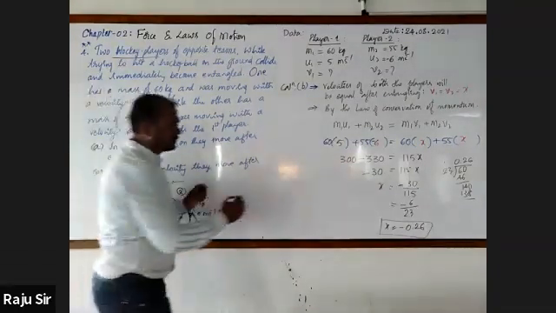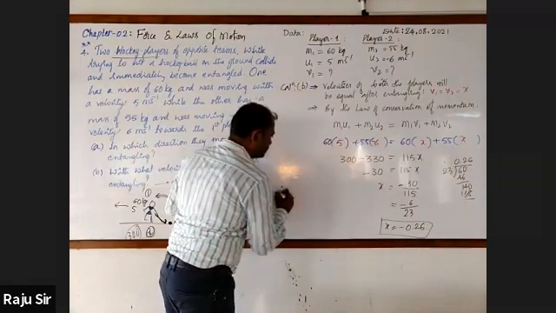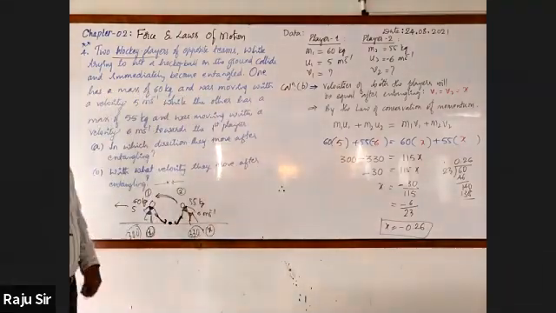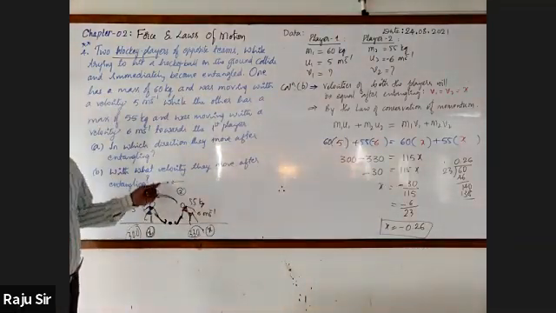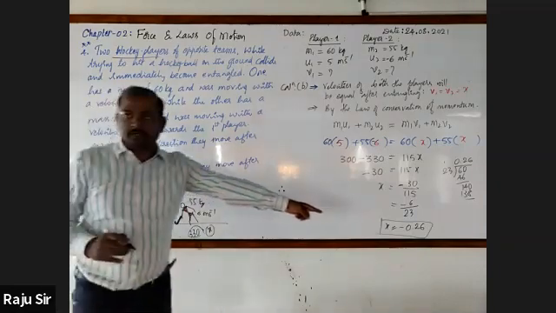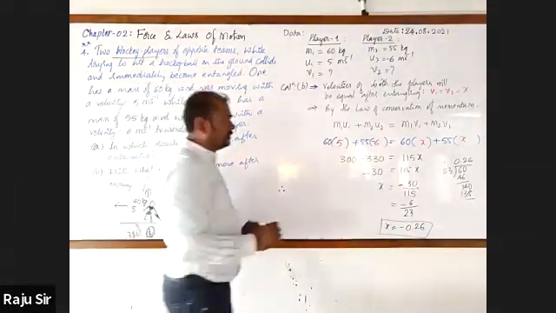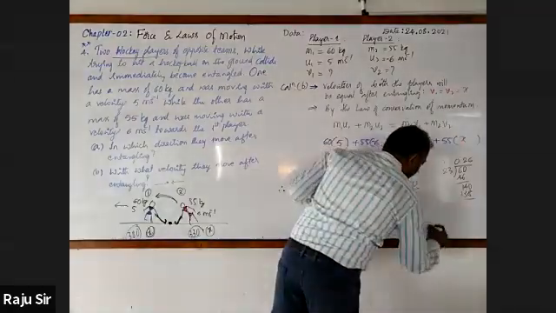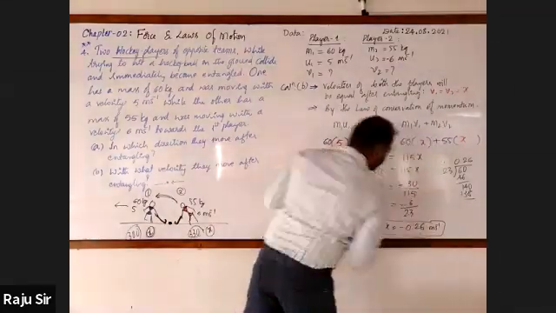Now, conclusion. Therefore, after entangling, both the players will move with the speed of 0.26 meter per second.